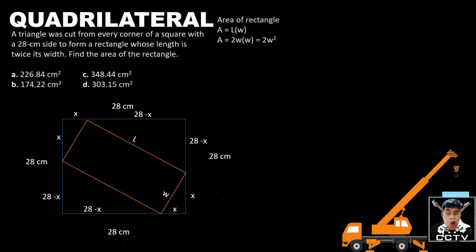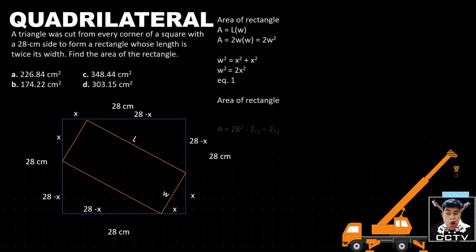And of course, sabi, ito nga, whose length is twice its width. Ito, yung length niya, 2 width. And of course, this is a right triangle. Pythagorean tayo. Square of hypotenuse is equals to the summation of the squares of two sides. Yan ang lalabas, and that is equation 1.